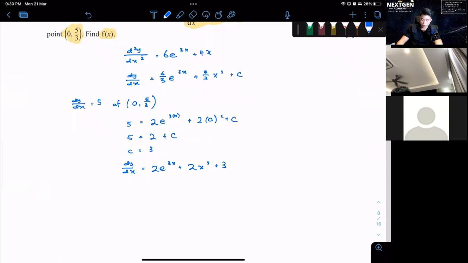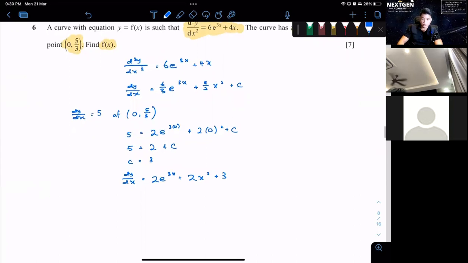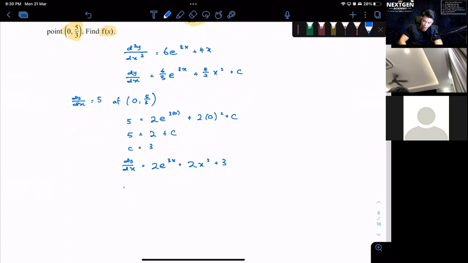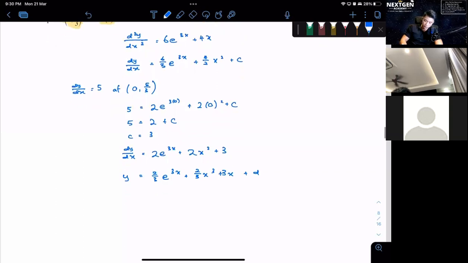I need to integrate again because I want to find what is f of x, which is equals to y. So y will be equals to 2 over 3e to the power of 3x plus 2 over 3x cubed plus 3x. I write it as plus d here so I can differentiate the difference between c and d. Just now we at this point here.